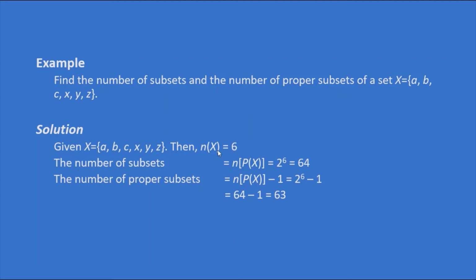Here m = n(X) = 6, and n(P(X)) = 2^m. You have to remember the formula. So 2^6 is equal to 64. So the number of subsets is 64. The number of proper subsets is the number of subsets minus 1, that is n(P(X)) minus 1, which is 2^6 minus 1, that is 64 minus 1. So the answer will be 63.